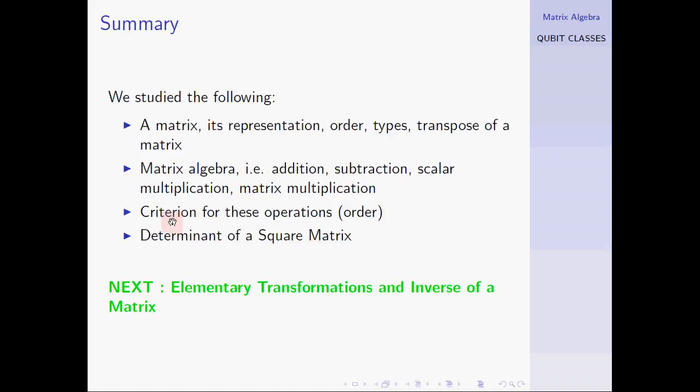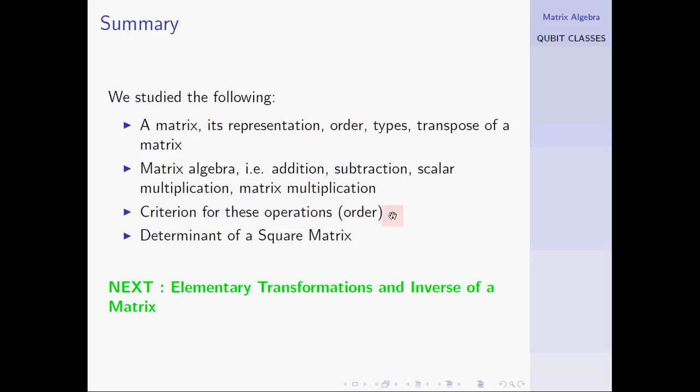We also saw what are the criteria for defining these operations, and these criteria have to do with the order. So two matrices can be added or subtracted only when they have the same order. Two matrices can be multiplied only when the number of columns in the first matrix and the number of rows in the second matrix are the same.